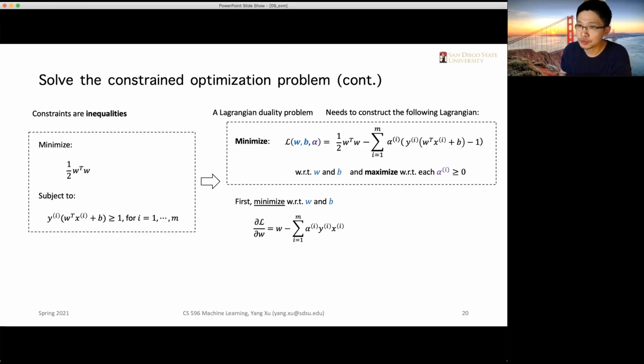So what we can do, as we usually do for an optimization problem, is to take the derivative of the target function with respect to the parameters, which are W and B. If we take the derivative of this L with respect to W first, this first term, 1/2 times W transpose times W, you can think of it as a quadratic term, but it's in a vector space, not in scalar numbers.